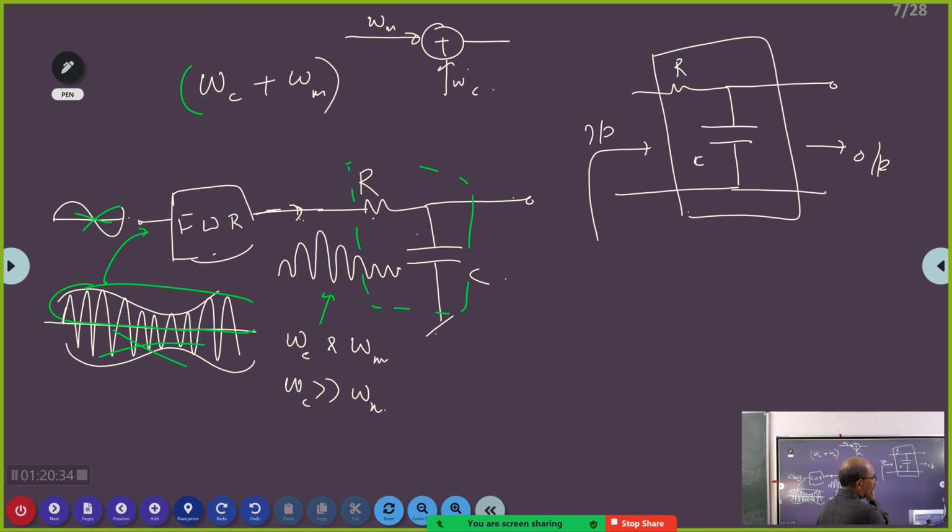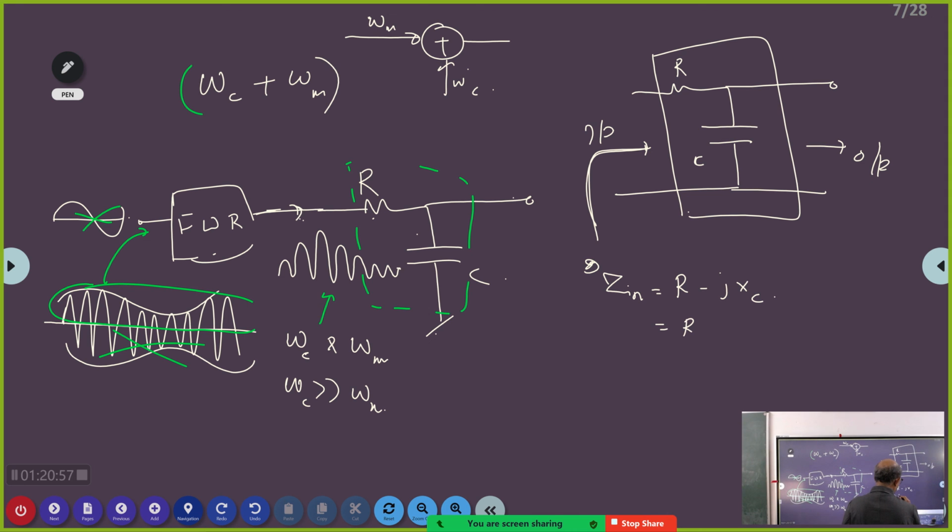So now, what is the input impedance of this? If you see from here, what is the input impedance? R minus j by omega c, that is, R minus jX.